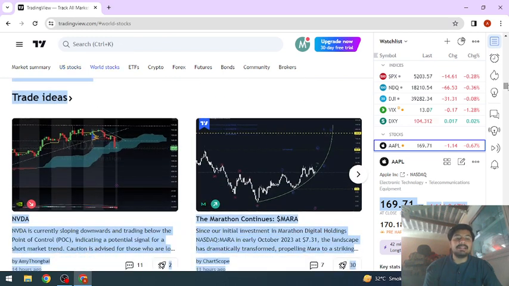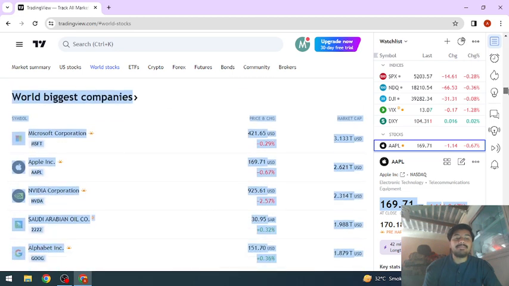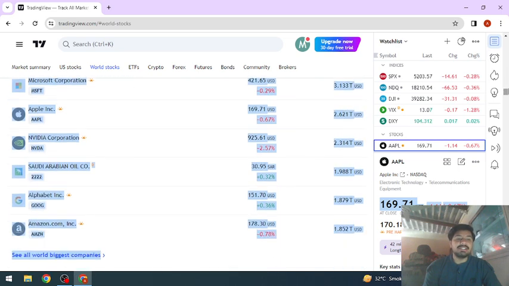So these are the maps about Nvidia, Mara and Microsoft, Apple, Nvidia Corporation, Saudi Arabian Oil, Alphabet including google.com, amazon.com.